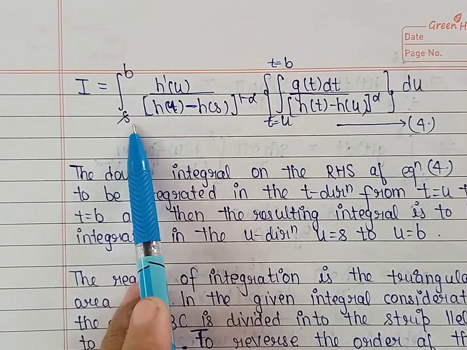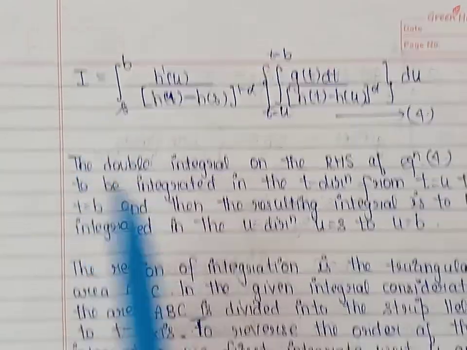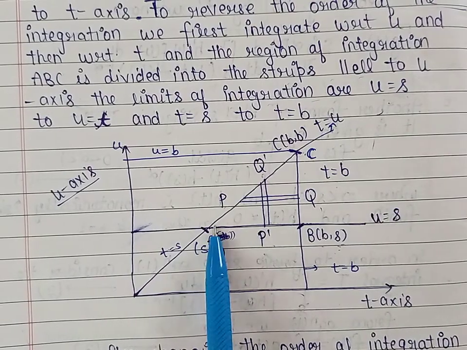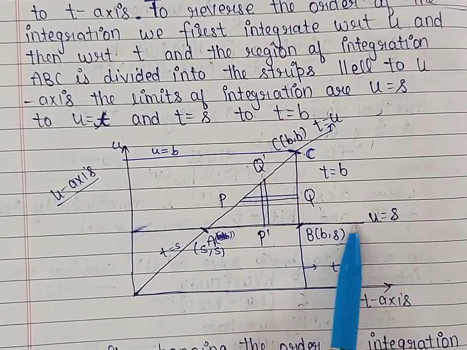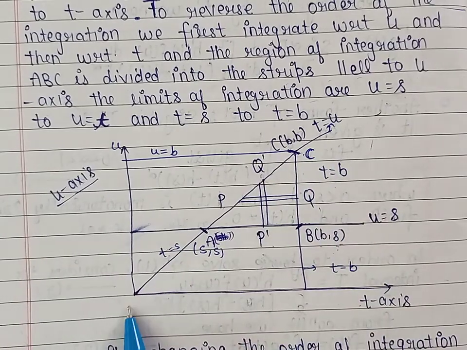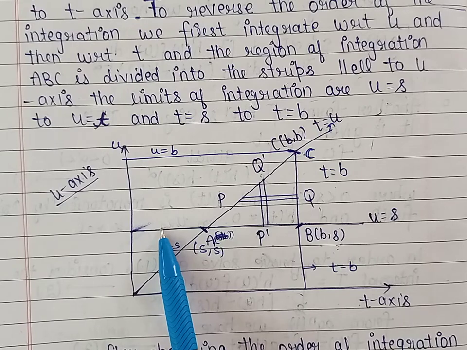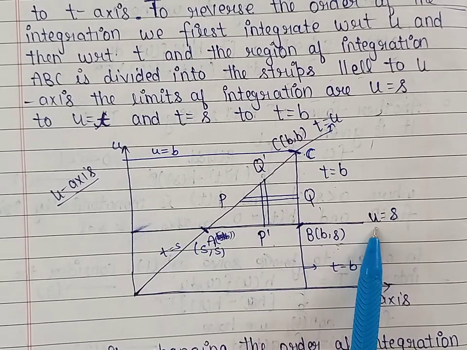This integral is in the u direction. The region of integration is given by this triangular region. Here this is the t axis, this is the u axis, this is the line t equal to s, and this line is parallel to the t axis, given by u equal to s.